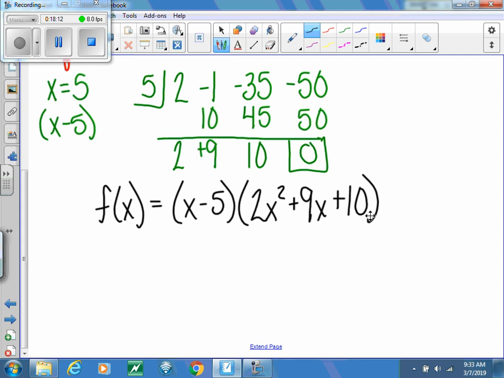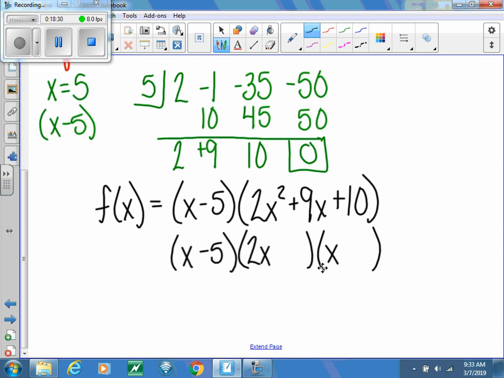Okay. So now if I wanted to, I could go ahead and try and factor this out. x minus 5. Let's see, 2x squared, so that's 2x and an x. And I need to get a 9x in the middle, and I have a 10 to work with. So my options here would be 2 and 5.